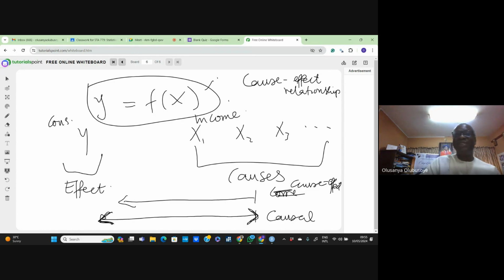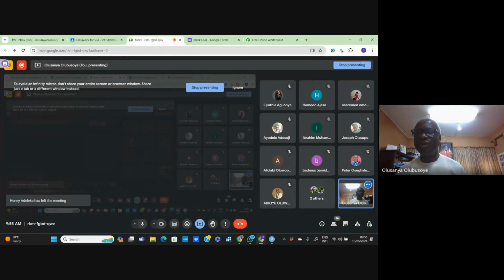So you can have a one direction kind of relationship. But there are instances where you could have A causing B, and simultaneously B is causing A. Is anybody able to think of one example quickly? A causing B and B causing A.